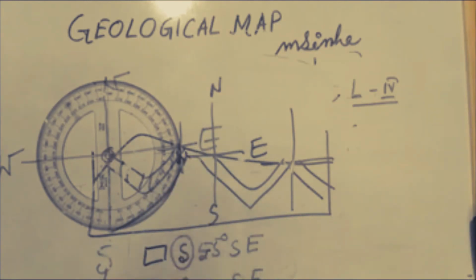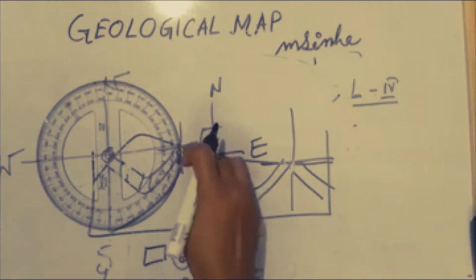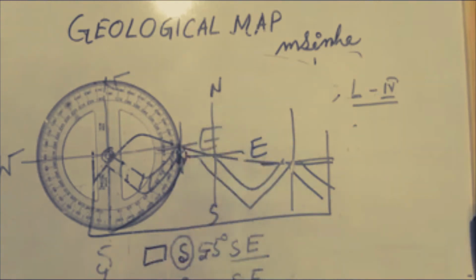That's why I am putting S here, and it ends in the direction of southeast. So the dip direction of that particular bed is south 55 degrees southeast. For exam purposes, you only have to mention the direction, not the amount.